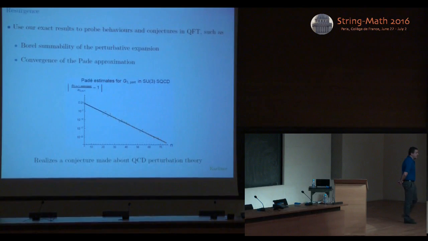So at some point, they came up with some conjectures of how they could guess the (n+1)th order given the nth order. They made a conjecture about how the extrapolated Padé answer at order n plus 1 differs from the exact answer. The conjecture was that it's exponentially close, and indeed, that's what we tested in this example. We see that the convergence of the Padé approximation is exponentially close to the true answer.